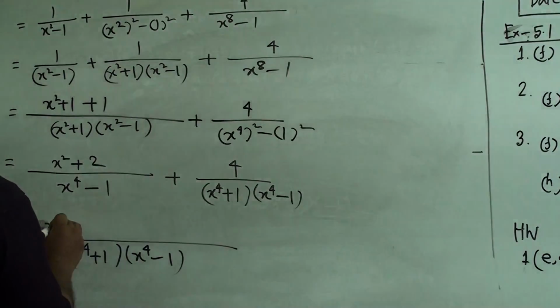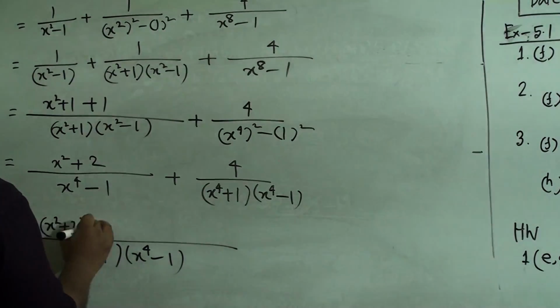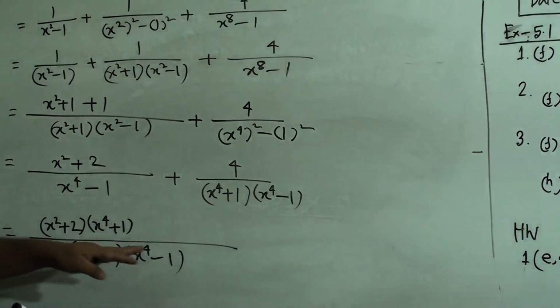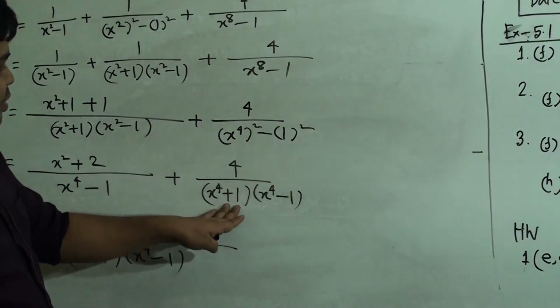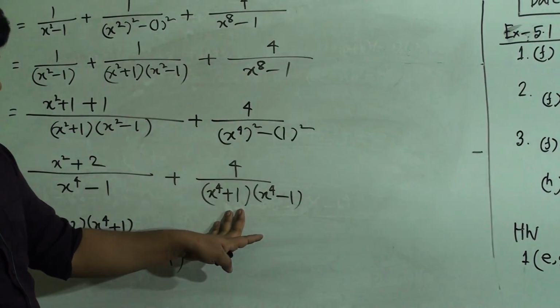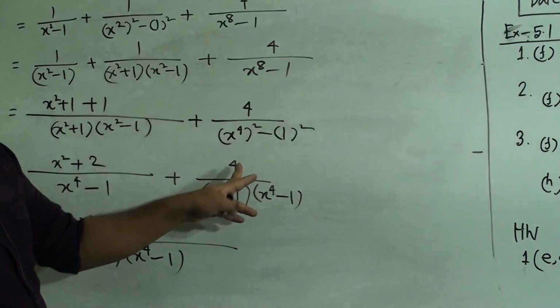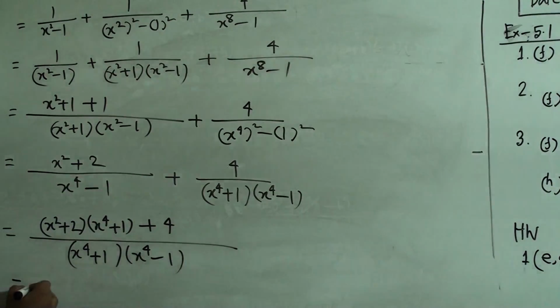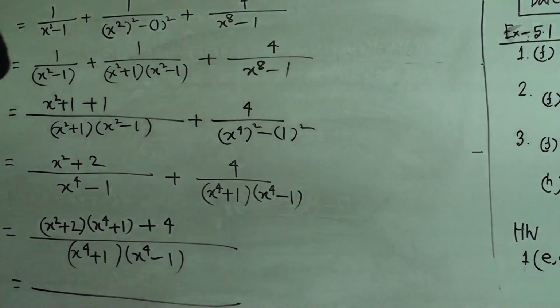So we multiply that number, x to the power 4 plus 1, and we divide this LCM by the denominator of the second fraction and we get 1. That is multiplied with 4, and 4 ones are 4. Okay, now we do multiplication.